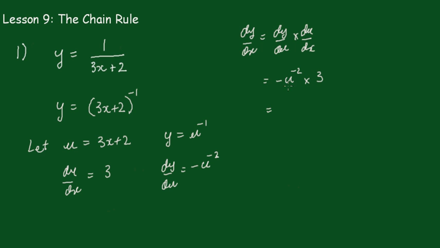Now tidying this all up, we're going to have minus 3 over u squared, but we must replace the u with the 3x plus 2, so that's minus 3 over (3x plus 2) all squared.